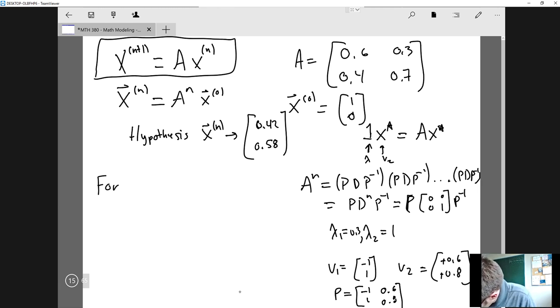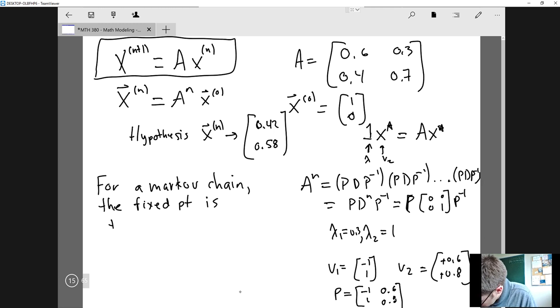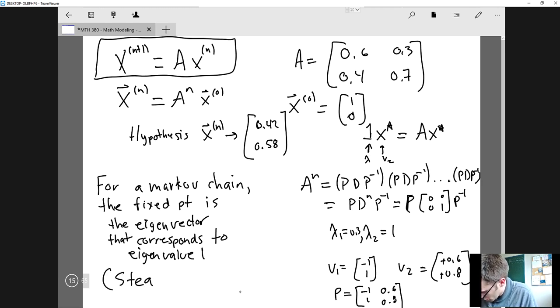For a Markov chain, the fixed point is the eigenvector that corresponds to eigenvalue 1. And that also is the steady state solution. That's what you'll approach in the long run.